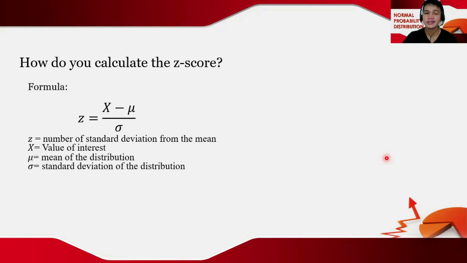The formula for a z-score is z equals the ratio of the difference of x and mu over sigma, where z is the number of standard deviations from the mean, x is the value of interest, mu is the mean of the distribution, and sigma is the standard deviation of the distribution. We will denote x bar for mu if we are just getting it from a sample, and s for standard deviation if we are just getting it from a sample.